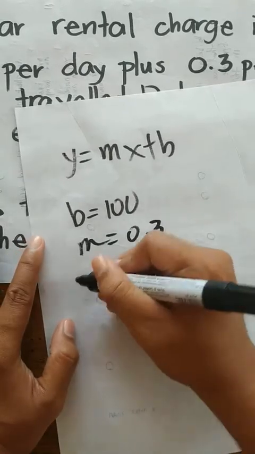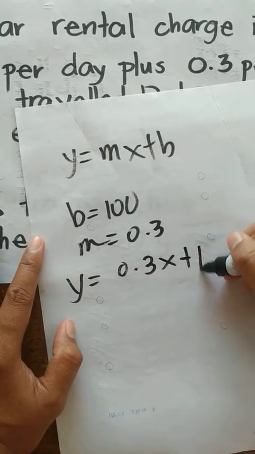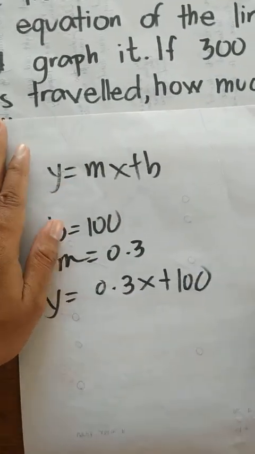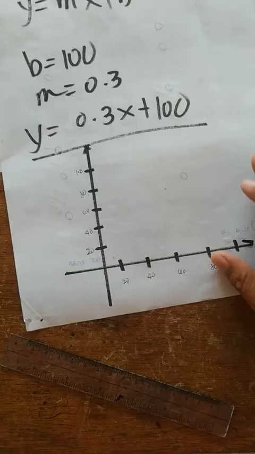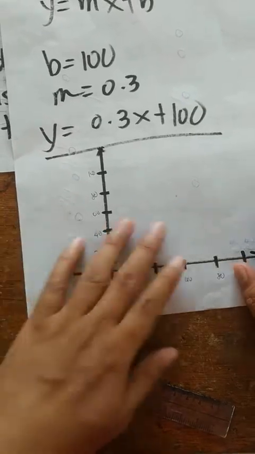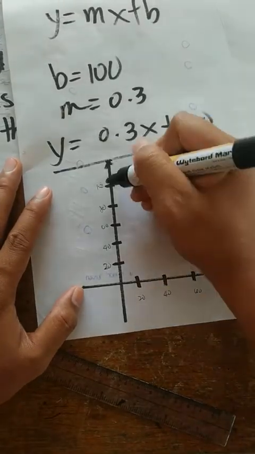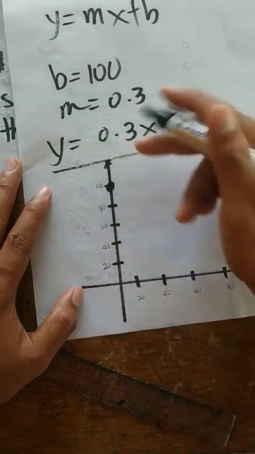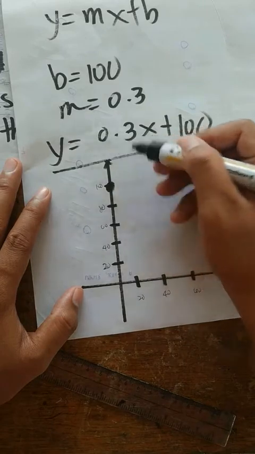So our equation would be 0.3x plus 100. This is the equation of our line, and we are going to graph it. I have prepared my graph here. We start with our y-intercept 100, and we rise 0.3 units and run 1 unit.